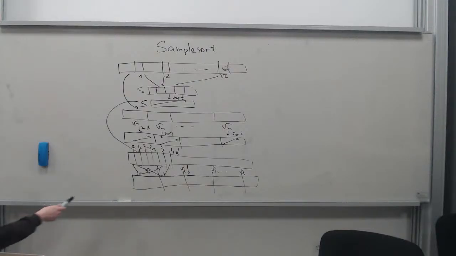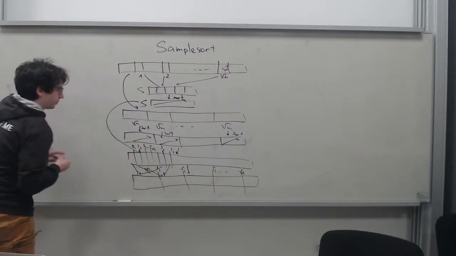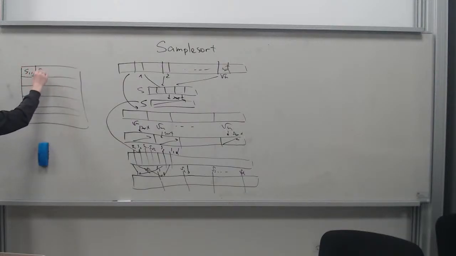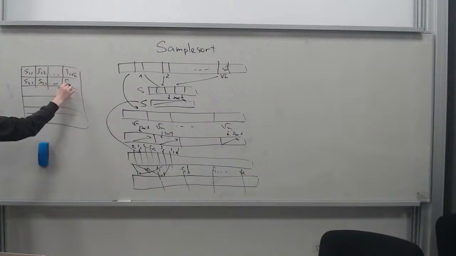So we know the sizes of these parts, and we can make a table that will calculate the size. This is S11, S12, S1 square root of n. This one is S21, S22, S2 square root of n, and so on and so forth.